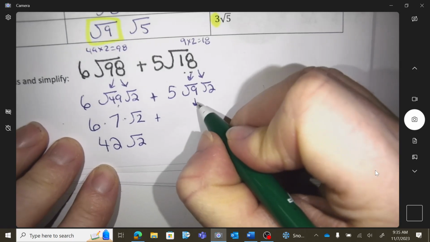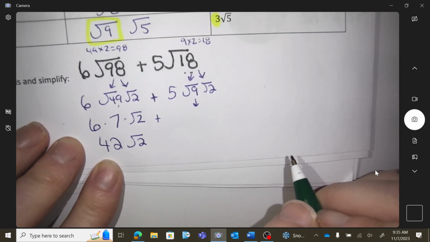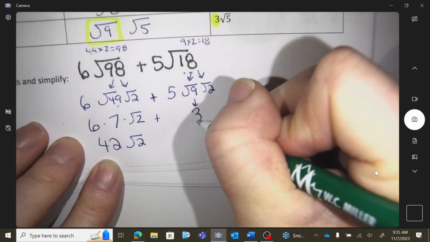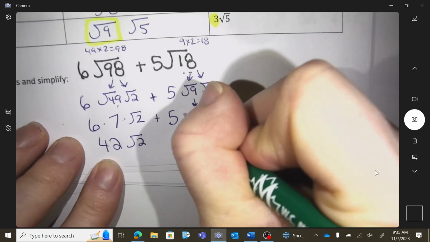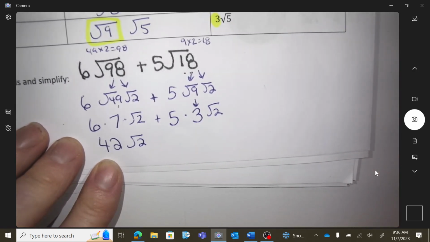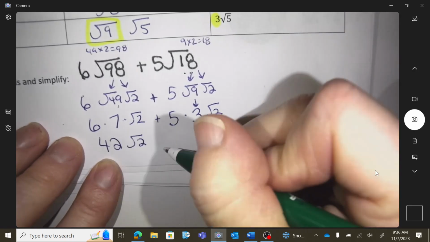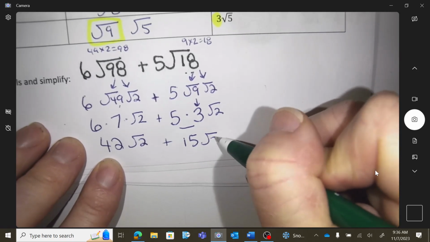Okay, now what is the root of 9 going to change into? A 3 coefficient, and then there was a 5 as a coefficient and a 2 as a root. Okay? Again, you can't be mixing, but you can put those together because they're both coefficients.